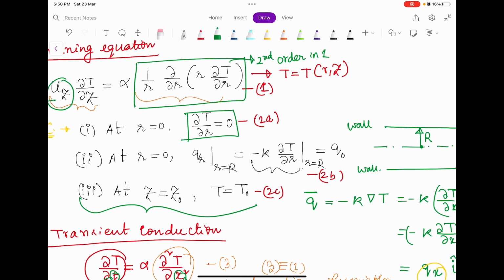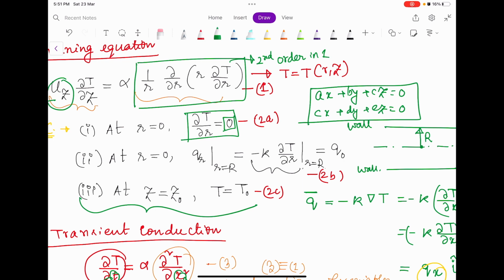Homogeneous means that in the RHS you are not having any term that is not dependent on R. Okay, if it is dependent on R, that is okay. Basically, if you have an equation ax plus by plus cz equal to 0, and another equation dx plus ey plus fz equal to 0, then these are called a set of homogeneous equations because the RHS is 0.